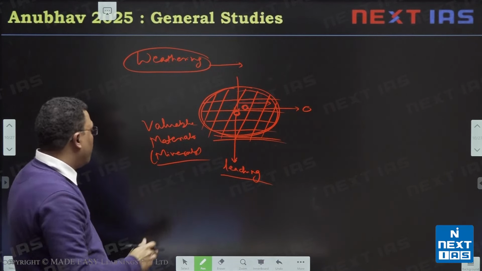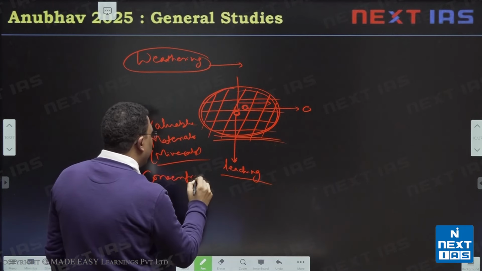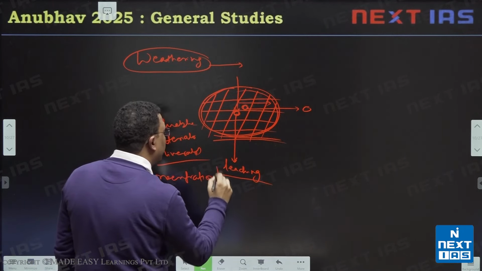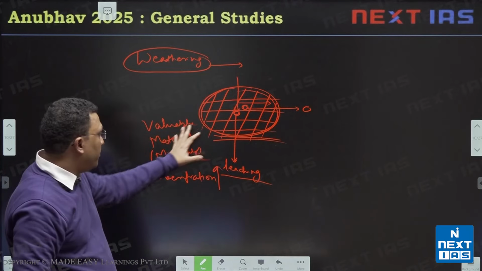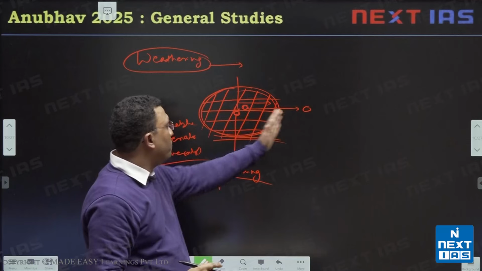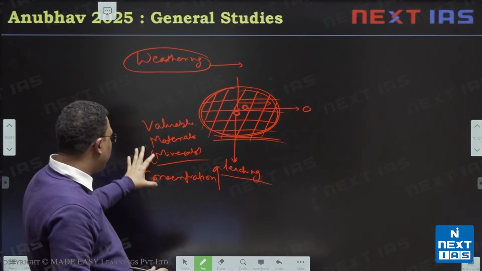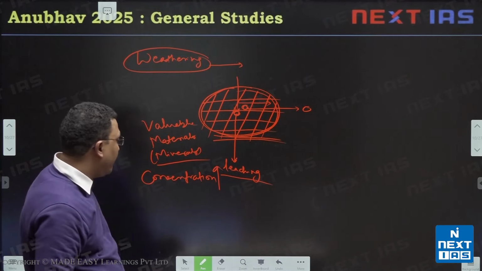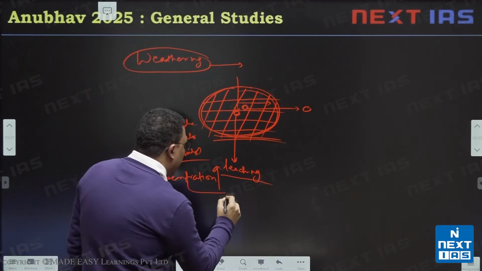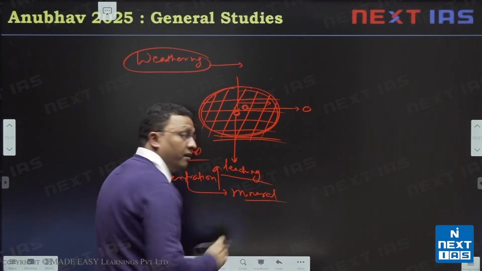So as a result, what happens that concentration of these material increases, right? Because unwanted or not so valuable materials has been moved away and only valuable materials remain at the place, so their concentration increases, right? And this is what makes mineral extraction economically viable, right?